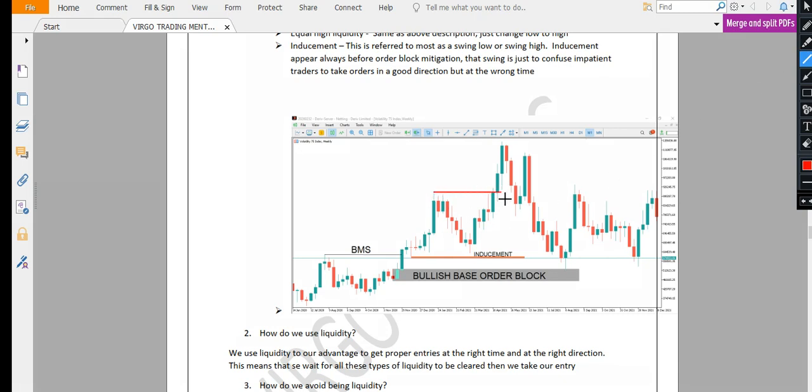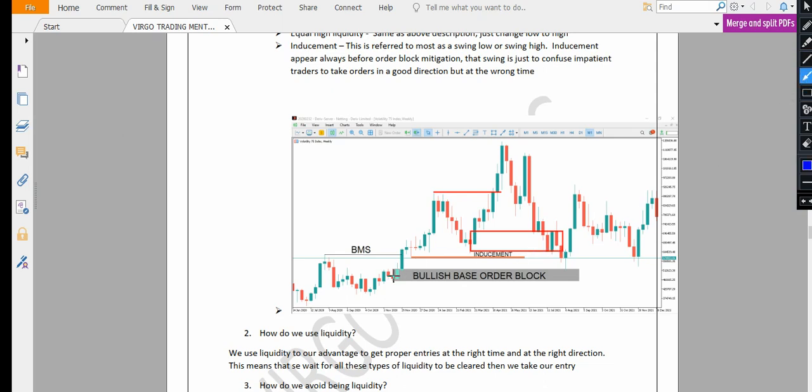They broke structure here. So now you have a low, you have a high, then you have a lower high, and then you have a higher high here. So now you are definitely sure that you're going to take your buy here. But remember, the original buy zone is here, this bullish base order block.